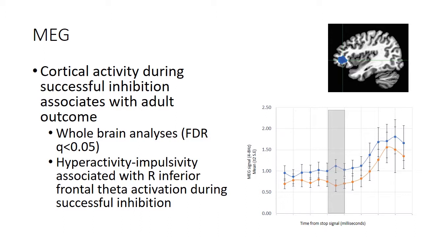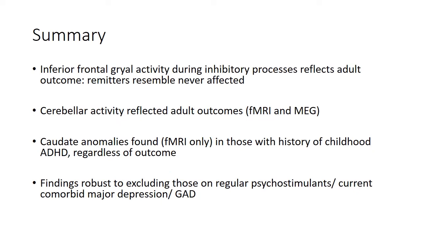So in short, using MEG, we found that during an inhibitory time window, individuals with persistent ADHD showed decreased activity compared to remitters within the right inferior frontal cortex. So in summary, for cortical inhibitory processes parsed using both fMRI and MEG, remitters did not differ from those who were never affected.